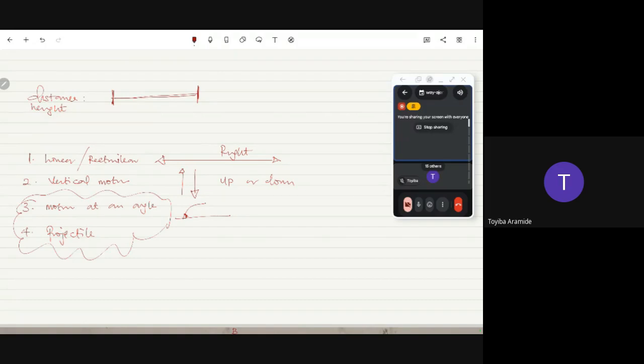Do you understand? So when we are talking about distance with respect to linear motion, we represent it as S. When we are talking about distance with respect to vertical motion, we represent it as H. Can you see the difference?